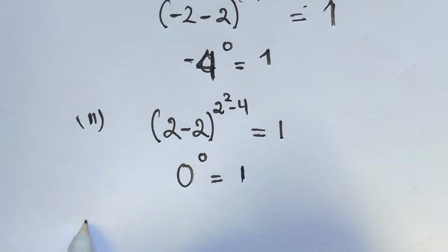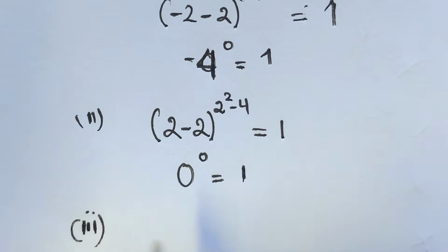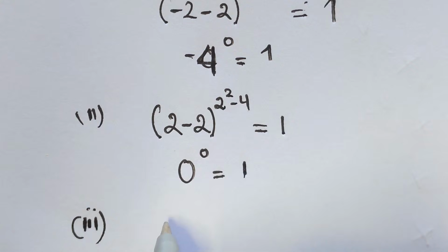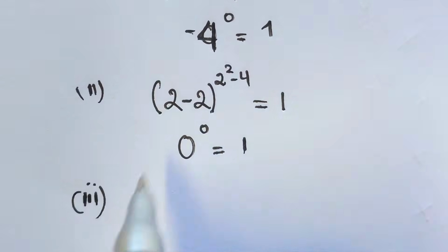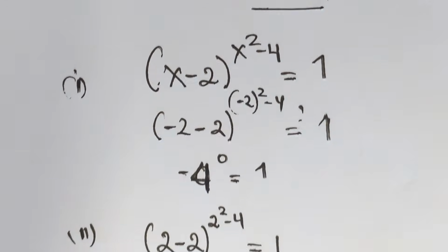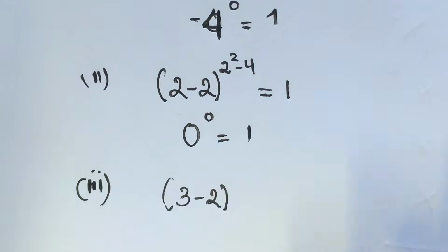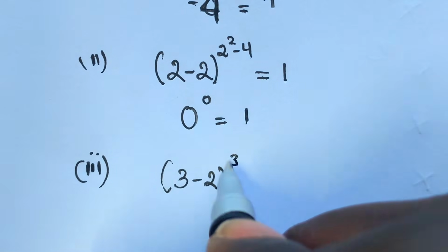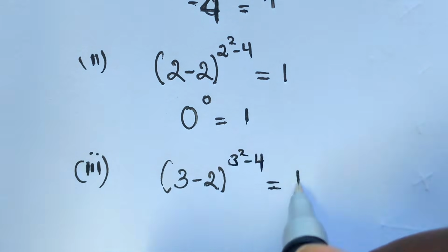For case 3, we have x equals 3. By using this formula, we shall say (3 minus 2) power (3 squared minus 4) equals 1?